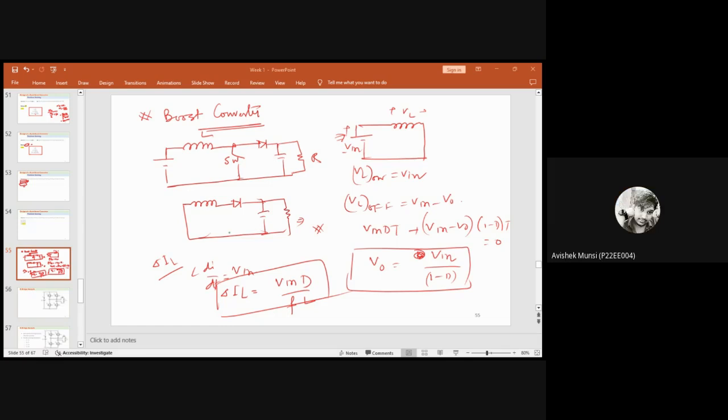See, the basic principle of a DC-DC converter is that it is a chopper. That means you should have a duty. Otherwise, if you have a continuous duty, that means you're giving a continuous pulse to a switch, then it will not behave as a converter itself. It will not work as a converter because you're giving a continuous switch on. The next thing is that practically it is not possible that your duty is one, so that undefined thing will not happen.